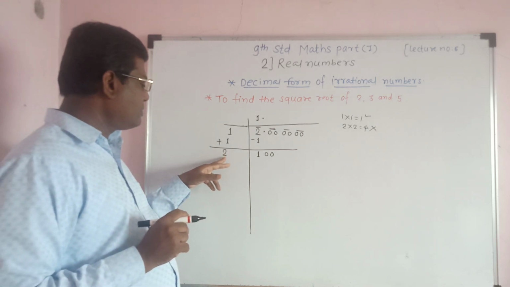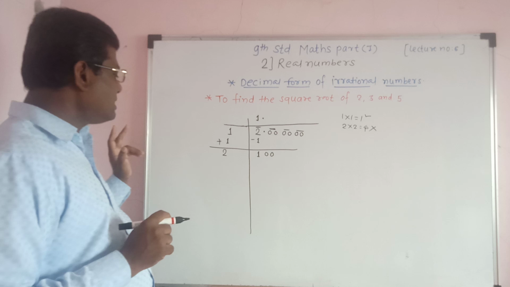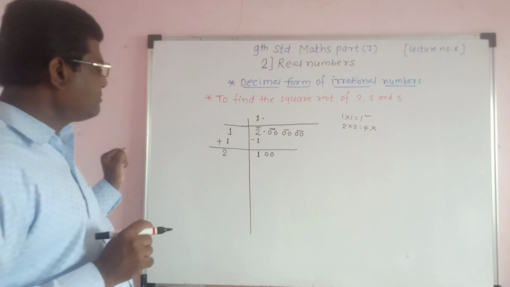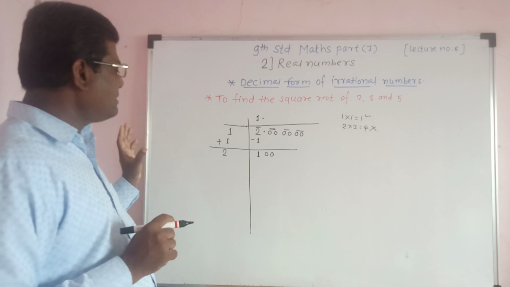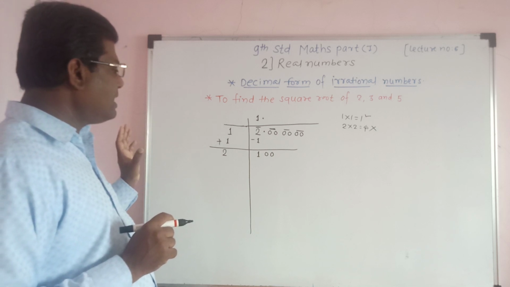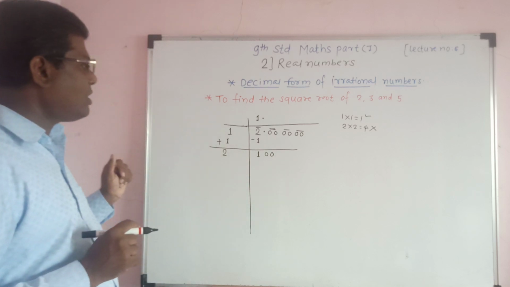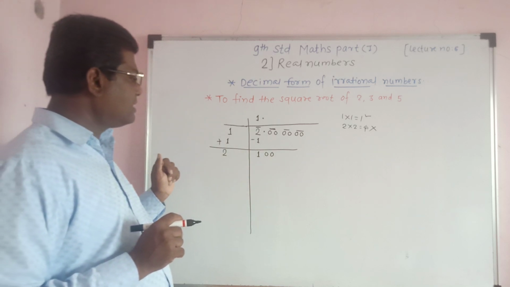Now we have to put such a number on 2, so that multiplying by the same number we get a value equal to 100 or less than 100.